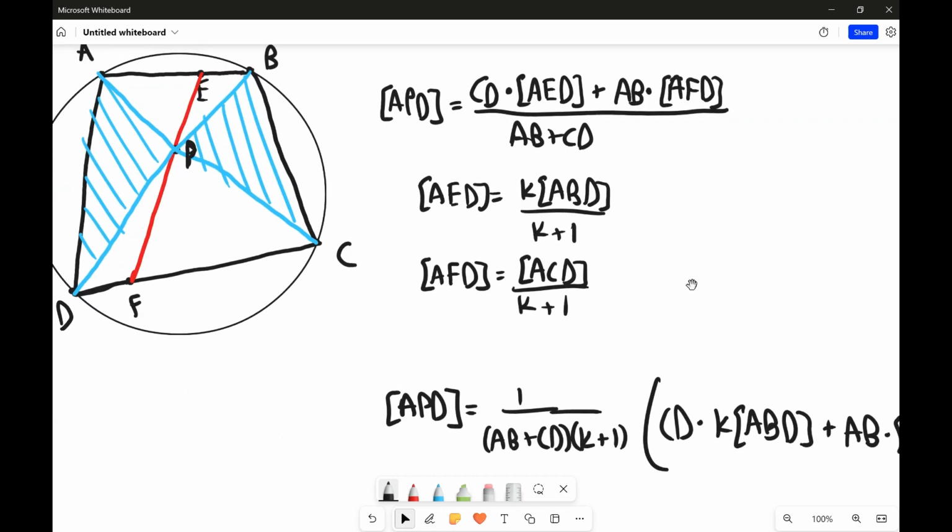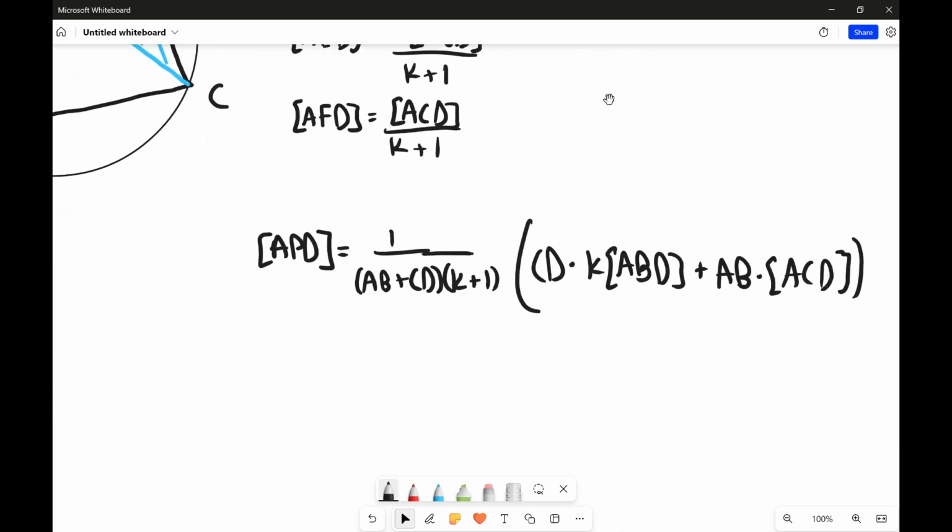And we don't need to do the exact same computation again for the area of BPC, because we can just repeat the argument.